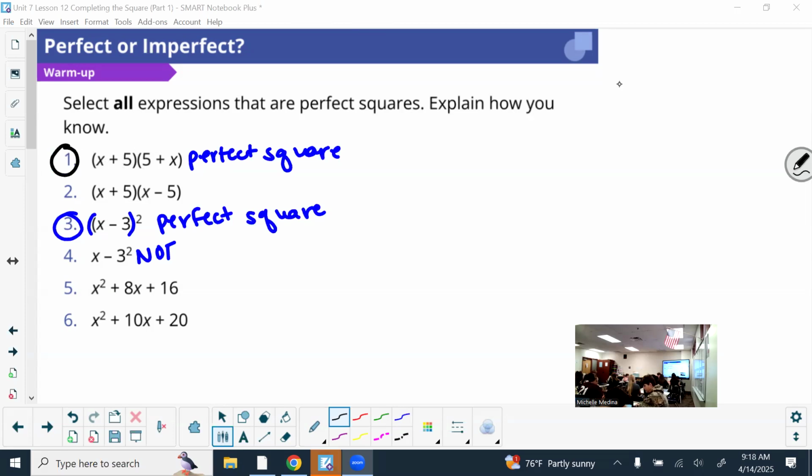The only thing to watch out for though is subtraction. So I think this popped up on one of your homework, something similar to this. These are not the same parentheses times itself. This is not the same parentheses times itself. Because even if I were to reorder it, you're not supposed to change the signs that are in front of each term. This is a negative x and this is a positive x.